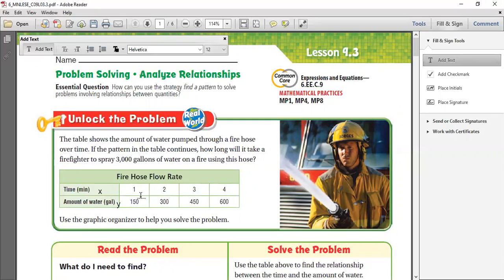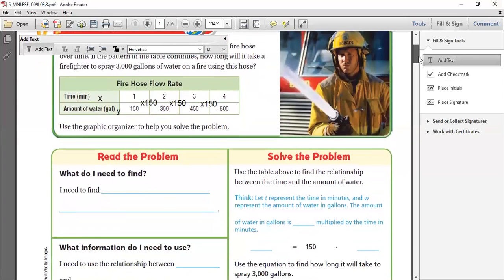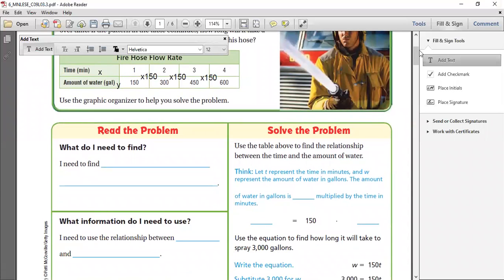So this has to be 1 multiplied by 150 is 150. 2 multiplied by 150 is 300. If you are very good in mental math, you don't need time to think about it at all. It is a pattern of multiply with 150. So let's first complete this table.